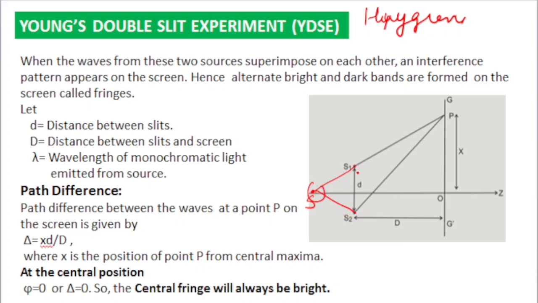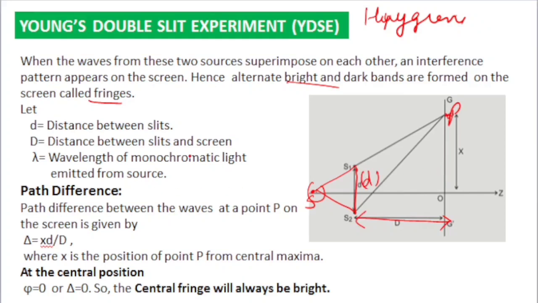These two sources superimpose at a point P on the screen by the superposition principle. Now here at point P, alternate bright and dark bands are formed on the screen, and these are called fringes. Suppose that small d is the distance between the two slits, and capital D is the distance between source and slit.